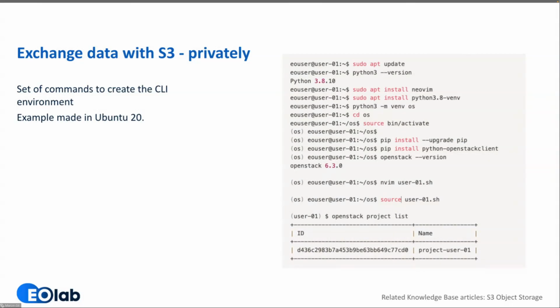This is shown in this example on Ubuntu 20. Of course, this can be other versions of Linux. It can be also Windows Linux subsystem. But it can be also done from Mac OS.